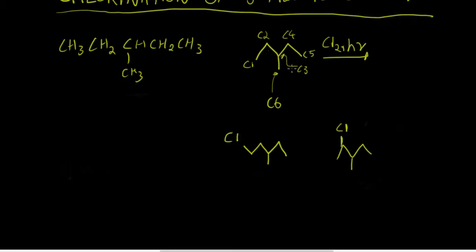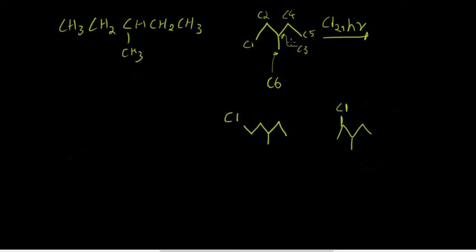Alternatively, you could have chlorination at C3, which is the tertiary carbon here. Remember, there's a hydrogen sitting here. Carbon makes 4 bonds. It'll be abstracted to form the radical, and then chlorine will attack here. So you will get this compound here.